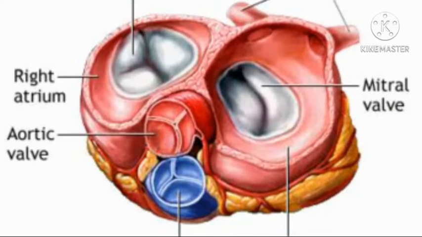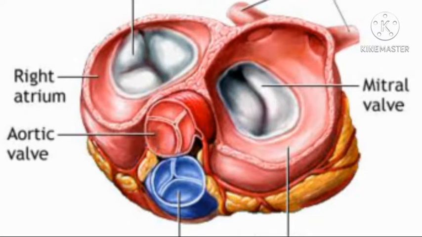I want to explain how they are present. These valves are present at the opening where the pulmonary artery and aorta leave the right and left ventricles respectively, so that they ensure the blood does not flow back into the ventricles.